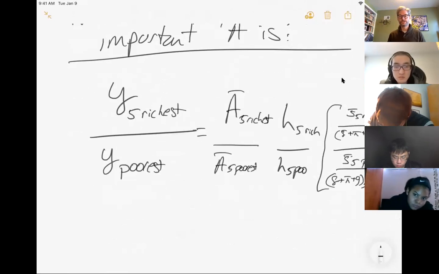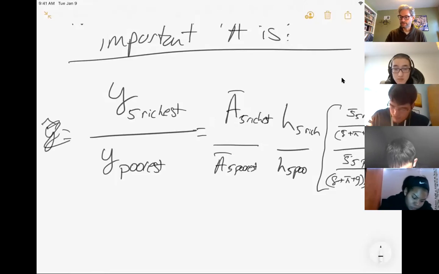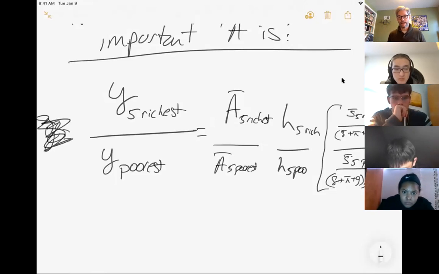So this is just using that formula before, but this time the Y hat is not all countries. It's just, let's compare the 5 richest countries to the 5 poorest countries. Don't compare it exactly to Y hat. So let's just look at data and compare what's true in the 5 richest countries to what's true in the 5 poorest countries.